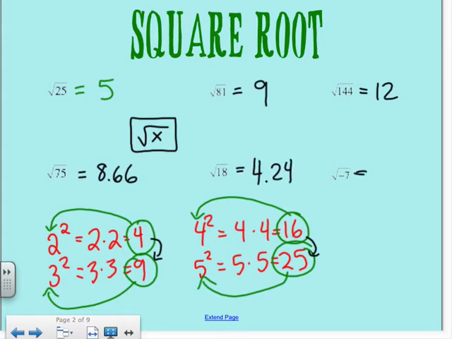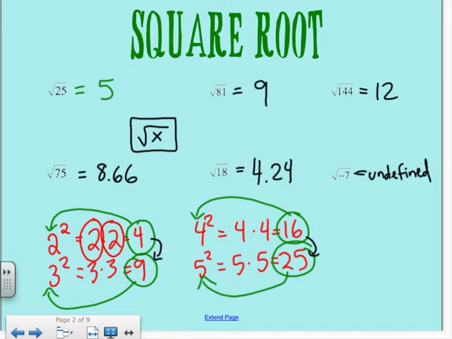And then this one, if I do the square root of -7, hopefully you got some kind of error message. Because this is what's called undefined. You cannot do a square root of a negative. The reason is, think about it. If I'm squaring a number, look at all these squaring numbers, it's the number times itself.